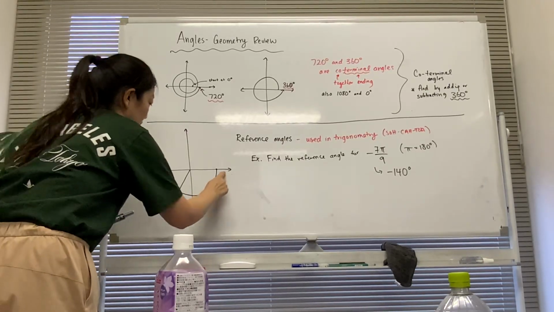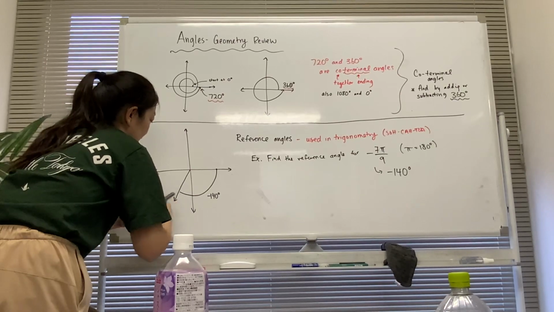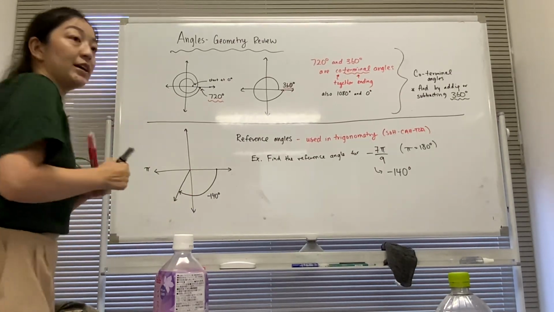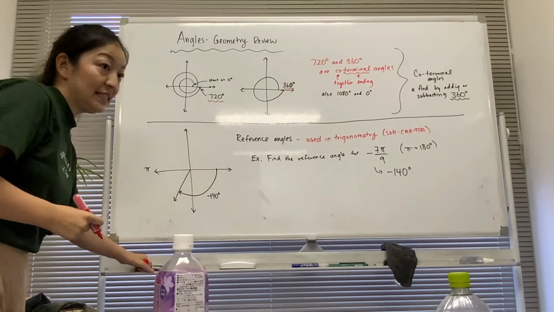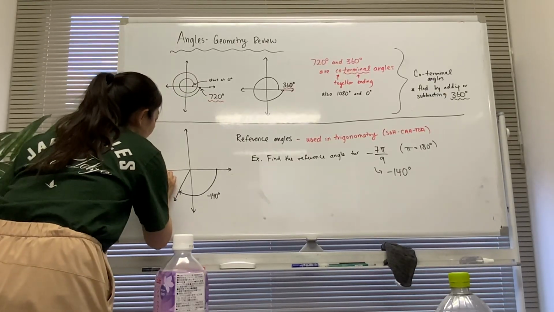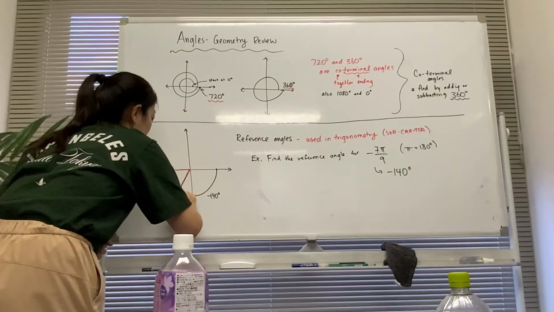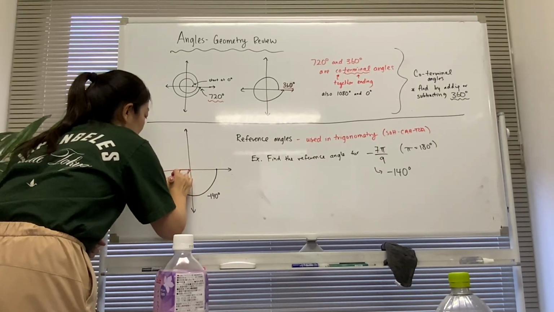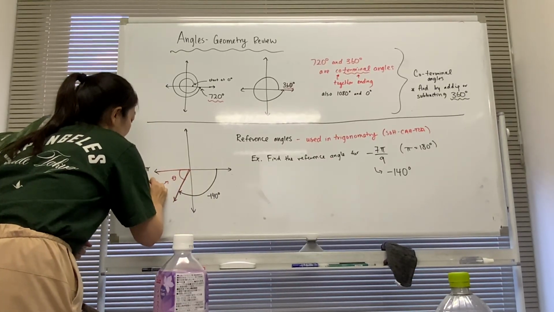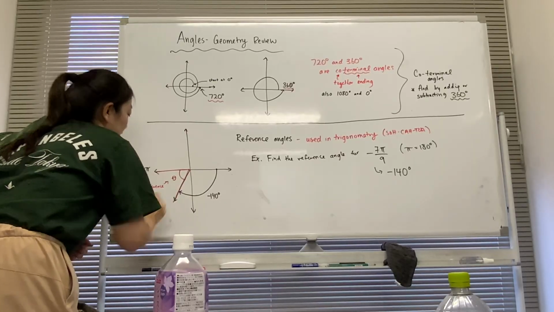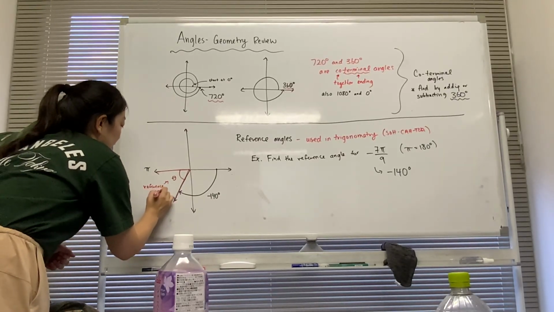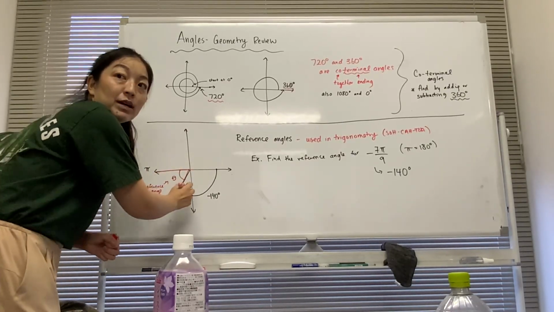Okay. So negative 140 looks like this, if we draw it out, right? Our reference angle is going to be from the x-axis to that angle. So this is our reference angle. It's kind of hard to describe. The reference angle is not all the way around.